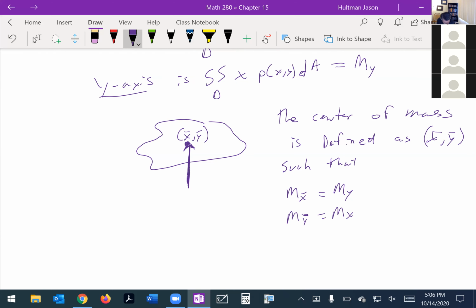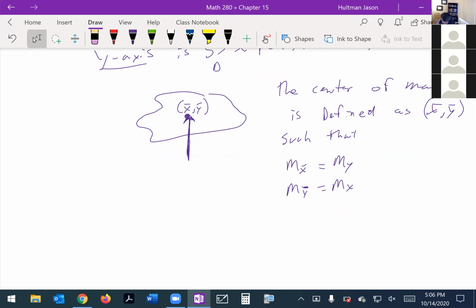Okay, so what can we say? No, sorry, I did this wrong. This is not the moment. This is mass, little m. This is the mass times x bar and the mass times y bar.